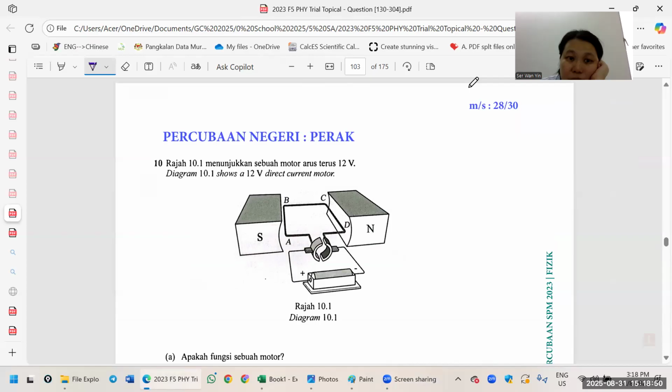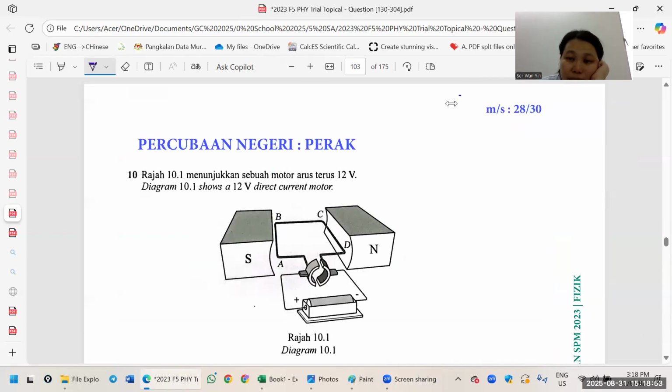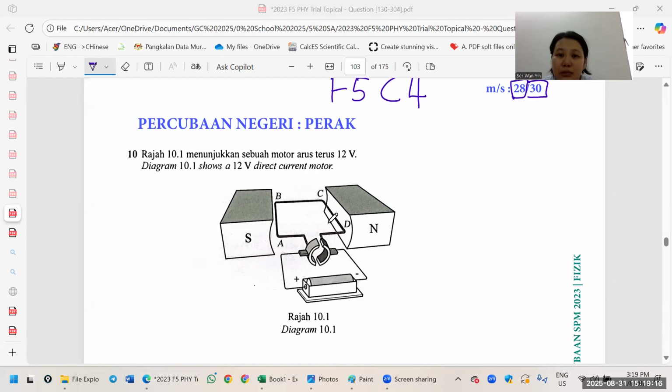Then you turn to this, you can turn to the center, it's on chapter 4, I think. So it's 28 out of 30. Okay, 28 out of 30 lah. Okay, so now how is the current flow? Anyone can tell me, or you draw it by using annotate.